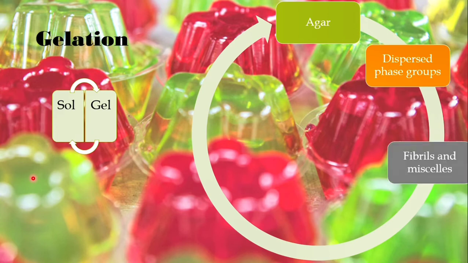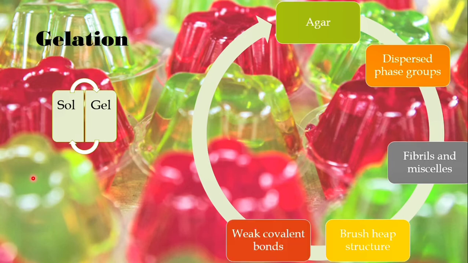These can be either in the form of fibrils or micelles. Now these will branch and intermesh to form a brush heap structure.